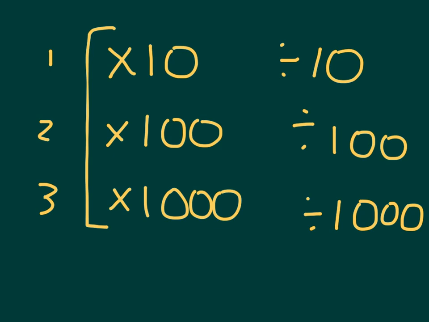And when we divide by 10, 100, or 1,000, we actually shift those place values over to the right, either 1 digit, 2 digits, or 3 digits, depending on what it is that we are dividing by. Again, to the left if you're multiplying by 10, 100, or 1,000, and to the right if you're dividing by 10, 100, or 1,000.